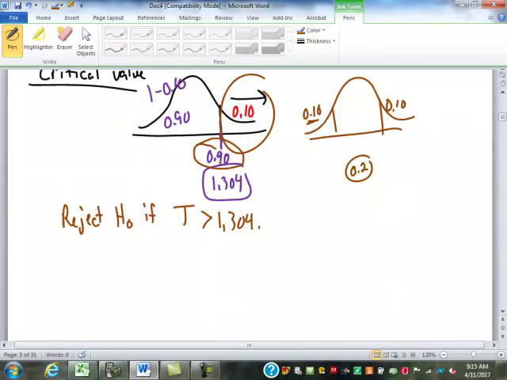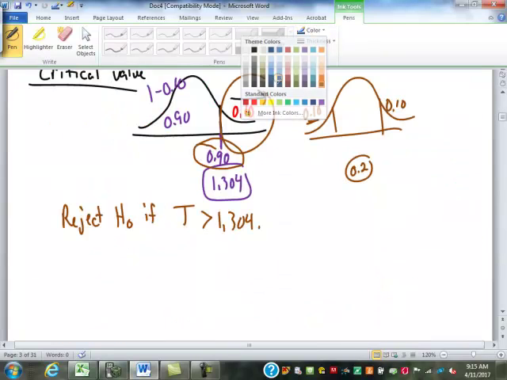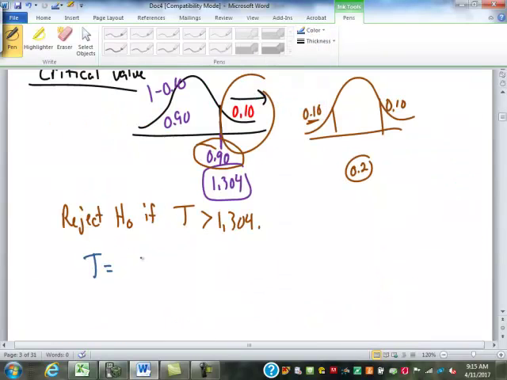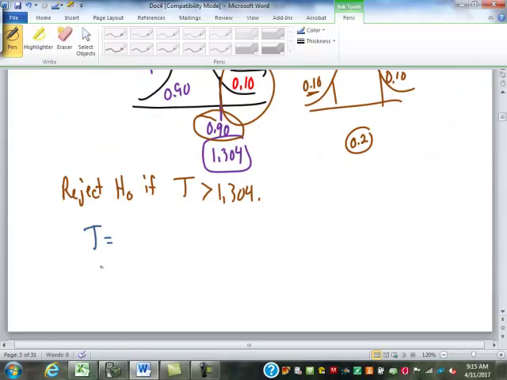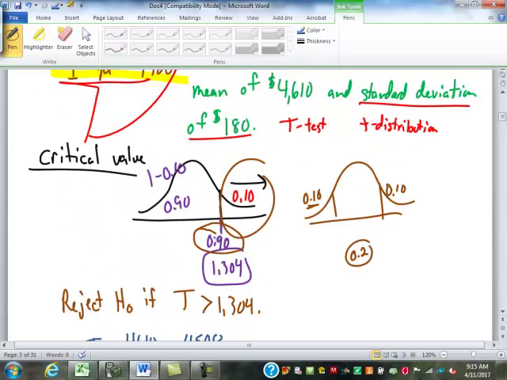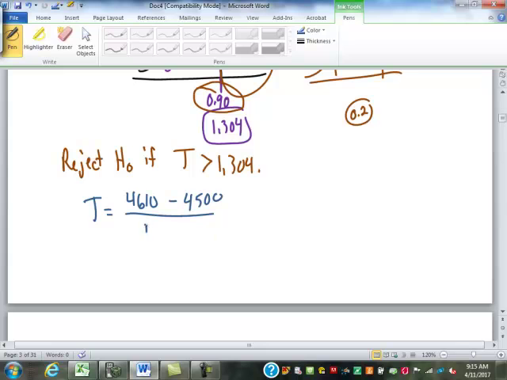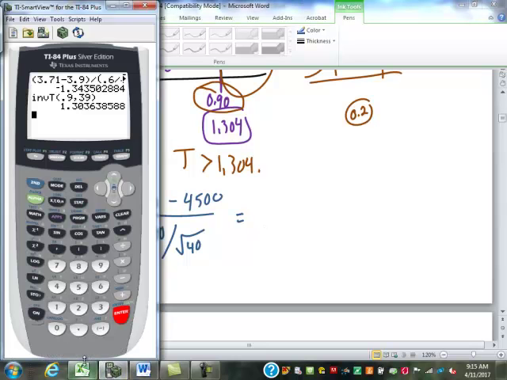T is going to be our sample value of 4610 minus our hypothesized value of 4500 over the standard error. It'll be the standard deviation of 180 divided by the square root of the sample size, which is 40. I'm just going to do this in the calculator.